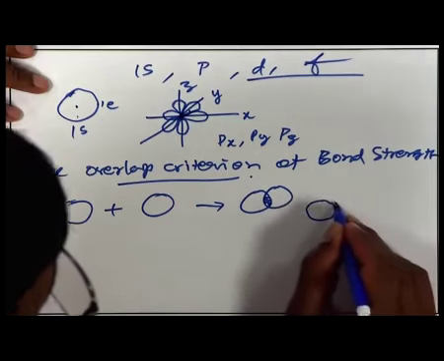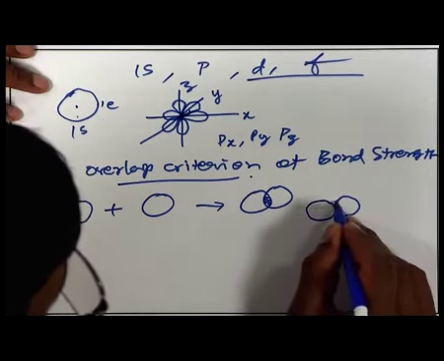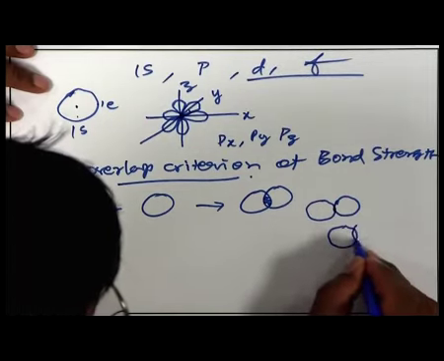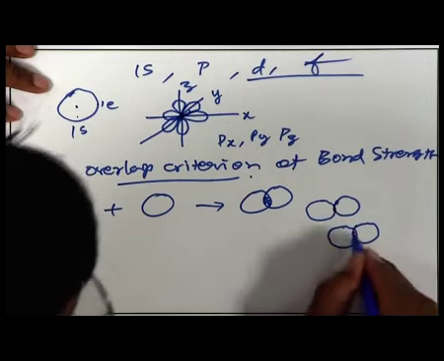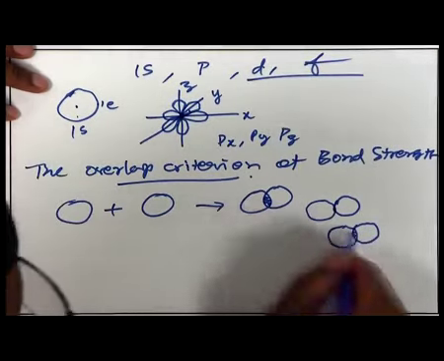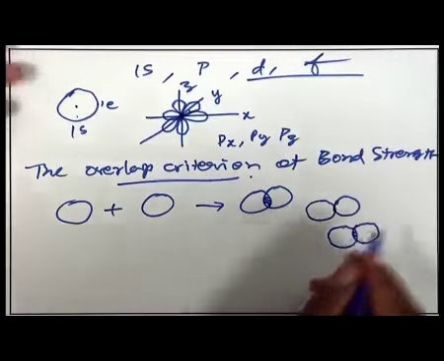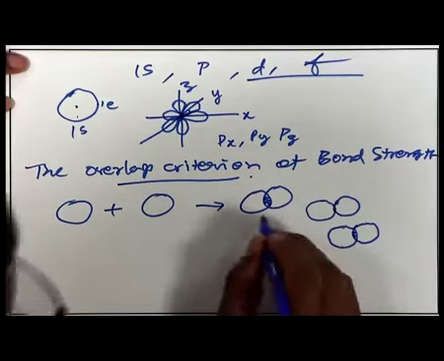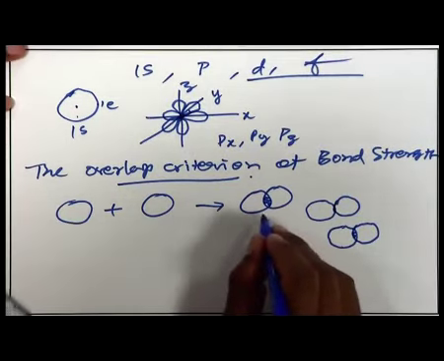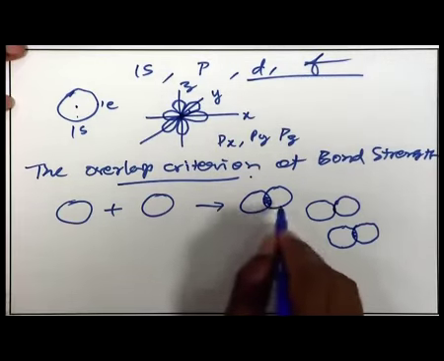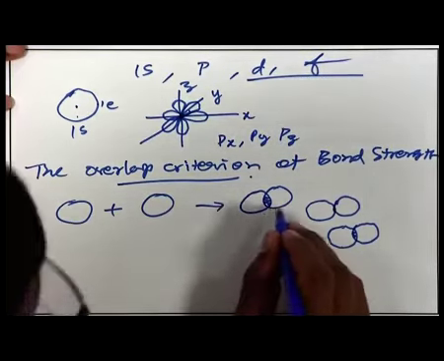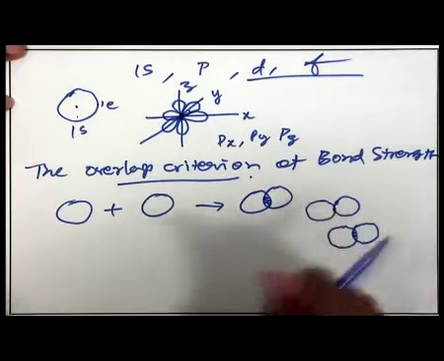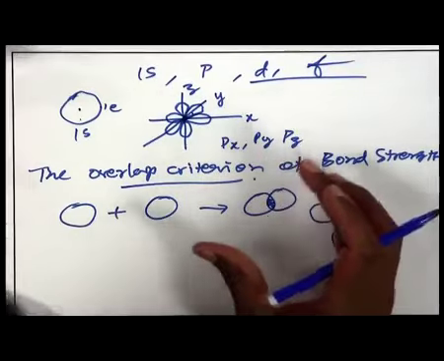It is also possible to have an overlap this much, where the overlap is very less, or a little bit higher than this. Among these three, which overlap will give the higher bond energy, the strong bond? It is found that this type of overlap, because the overlap is higher and the mixing of the orbitals is higher, will give the stronger bond compared to the other two where the overlap is less. That is why the higher the overlap, the stronger the bond.